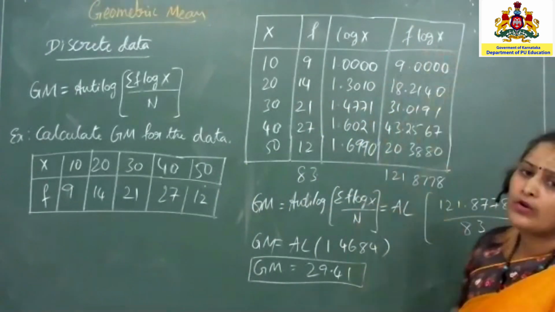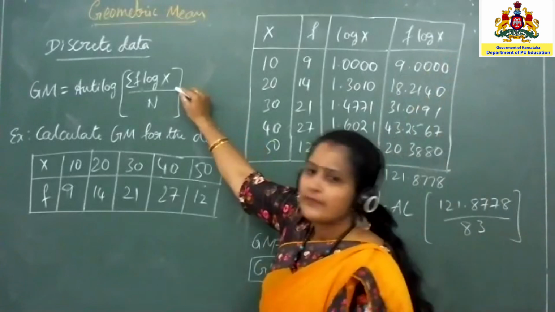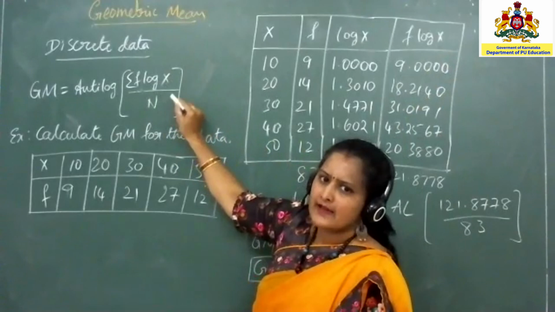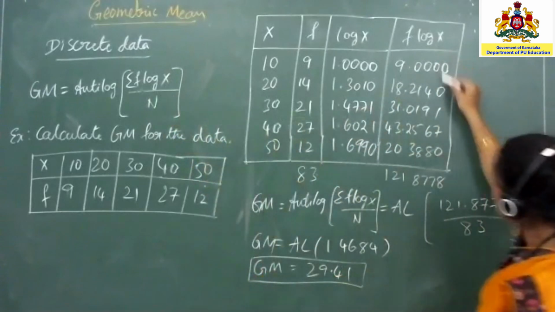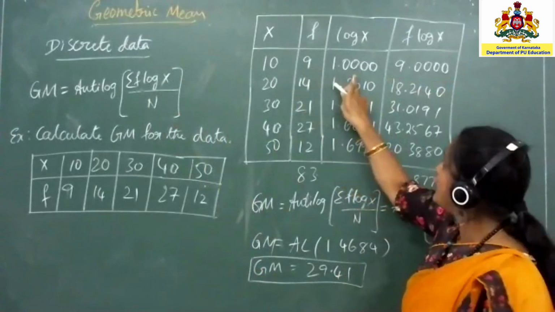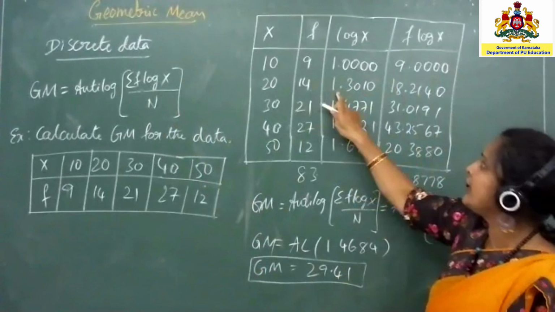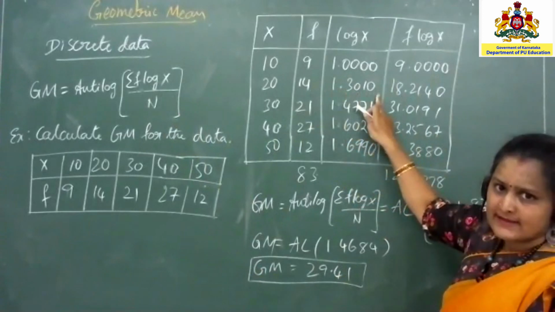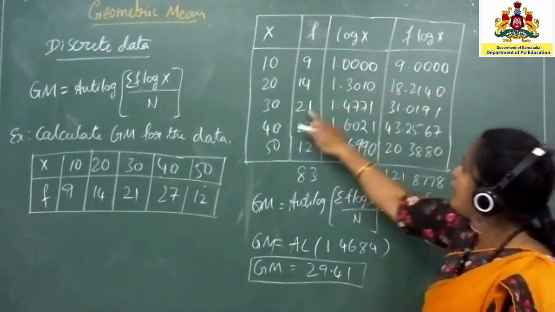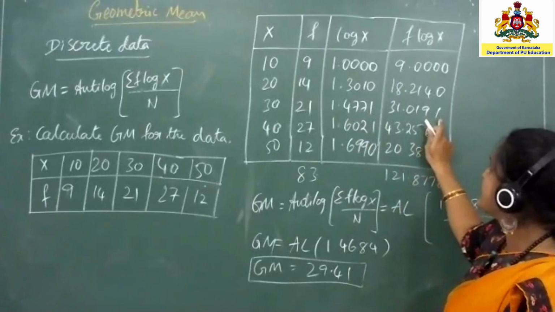Then you should find f log x, because summation f log x is there in the formula. f into log x: 9 into 1 is 9.00, 14 into 1.3010 comes to 18.2140, 21 into 1.4771 is 31.0191.